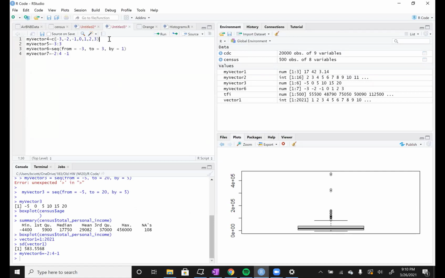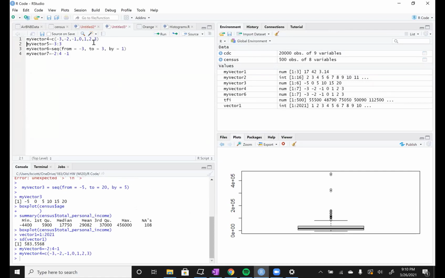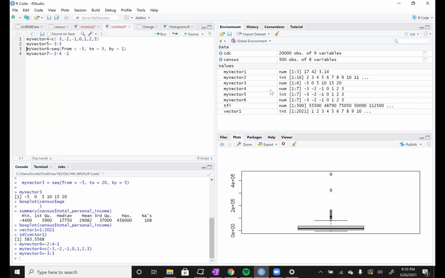So now here we are in RStudio. Let's create my vector 4, the numbers from -3, -2, -1, 0, 1, 2, 3. My vector 5, that is also the desired sequence.